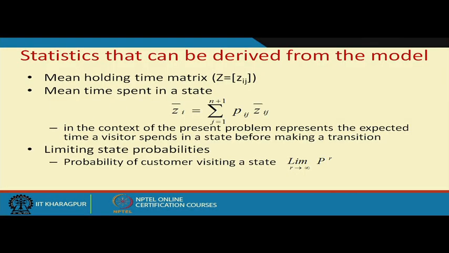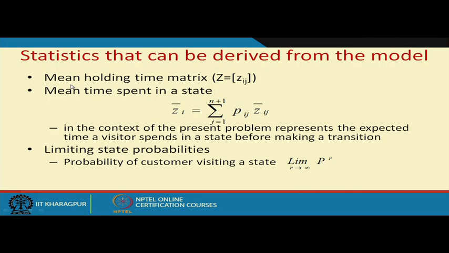Assuming that these matrices are ready and we are using this Markov process theory, which we have not discussed here, but this theory at the end suggests a few statistics that can be derived from the model. So, the formulas of that we will be now directly using and we will be trying to interpret it.